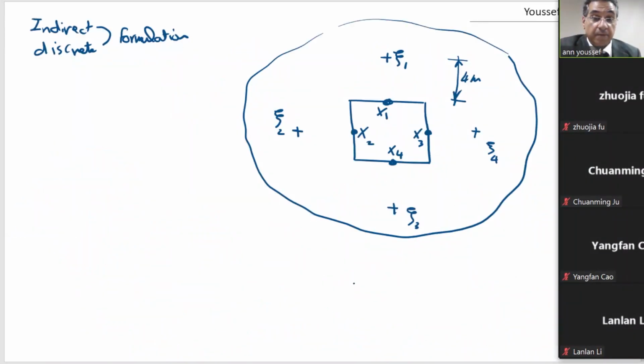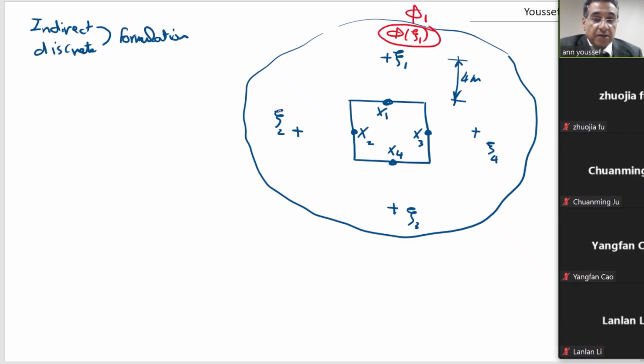Coming back here, each source will have a certain intensity. For example, this source has a certain intensity, which we will call phi. This source has intensity phi of xi1, and I'm going to give it the name phi1 direct.